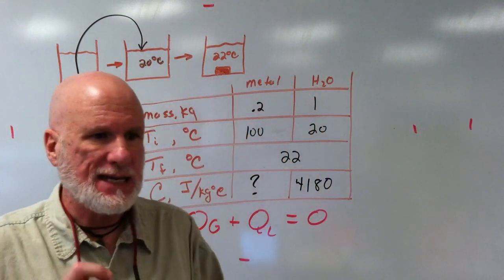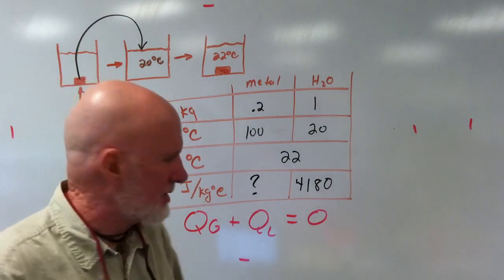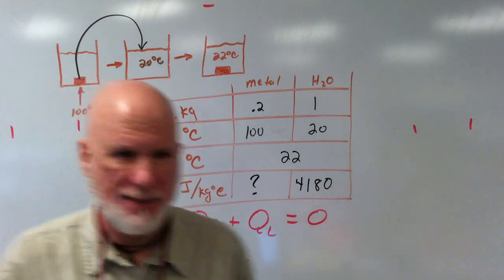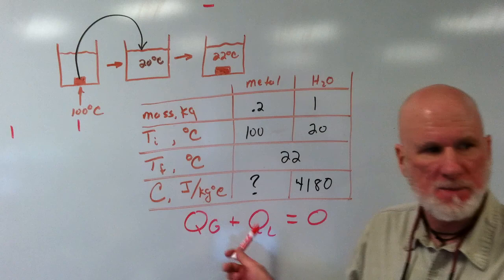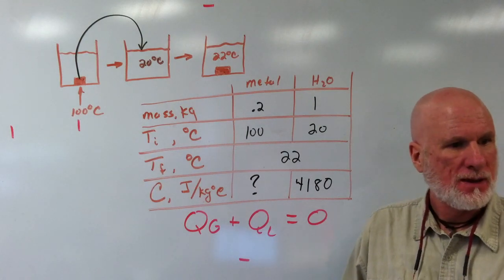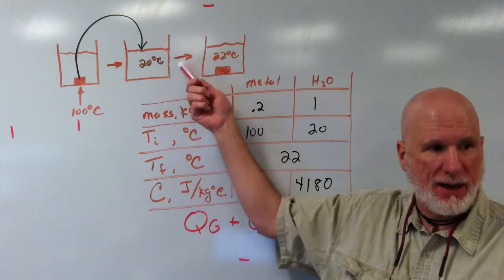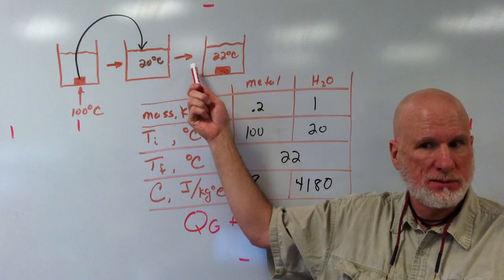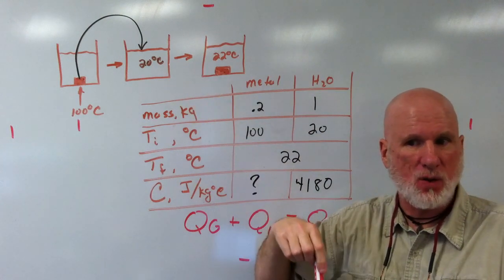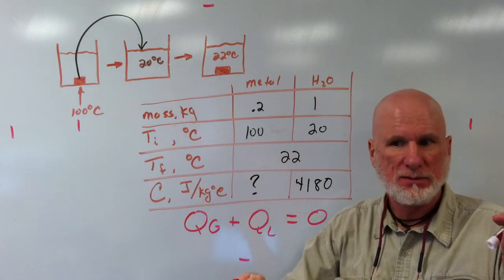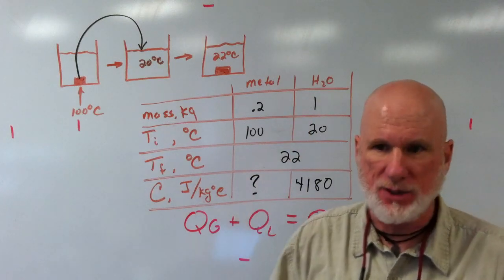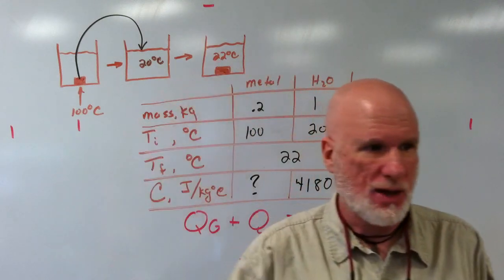If I take the heat gained plus the heat lost, it's going to equal 0. Does that make sense to you? The heat lost by the metal plus the heat gained by the water, it's got to be 0, right? One's lost, one's gained, correct? Yes or no? Yes.